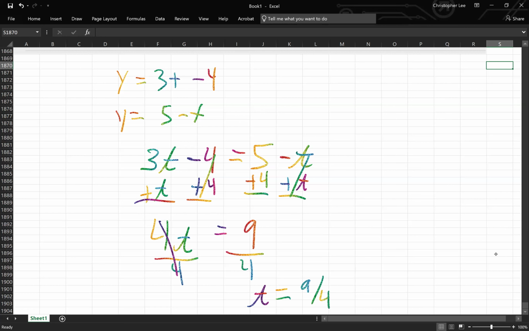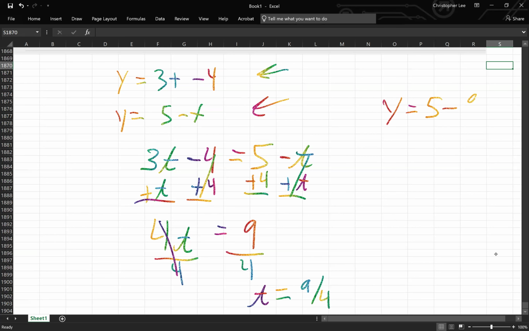Take that input value, pick one of the two formulas up here. It doesn't matter which one. It could be the top one, could be the second one. Pick one, plug it in, right? And then solve for whatever's left over. I'm going to pick the second one. So I have y is equal to 5 minus t.